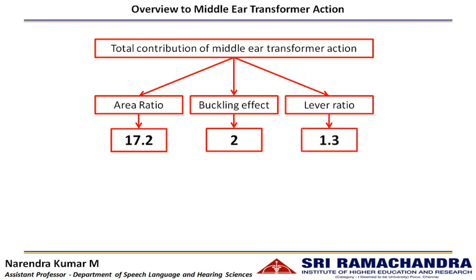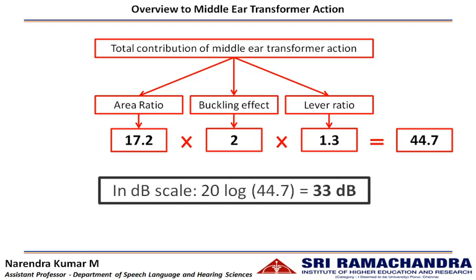The product of these three mechanisms is equal to 44.7, which means the force felt at the level of the tympanic membrane is multiplied by 44.7 times when it reaches the inner ear.